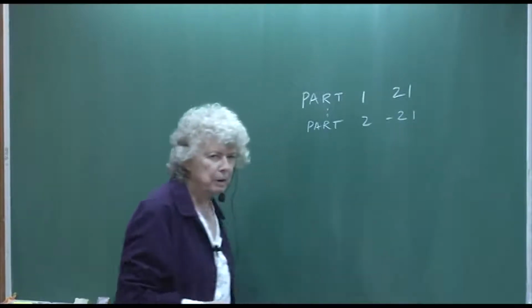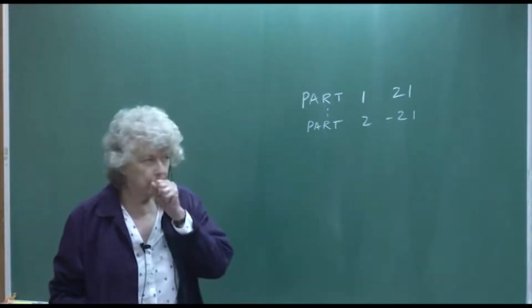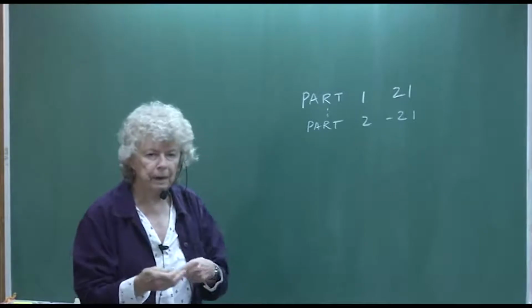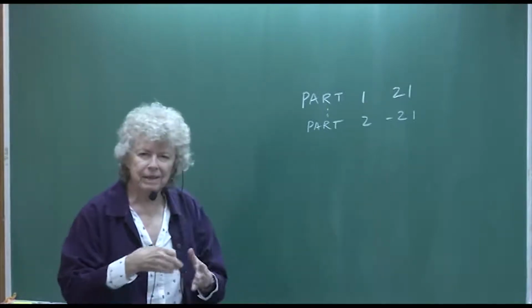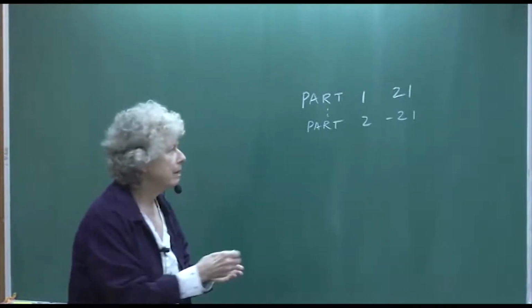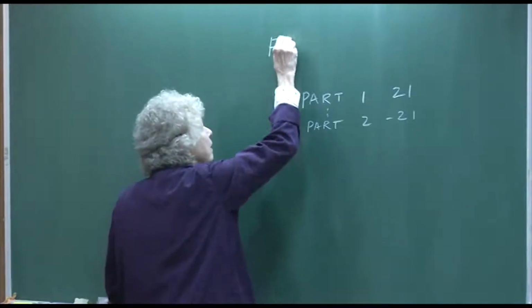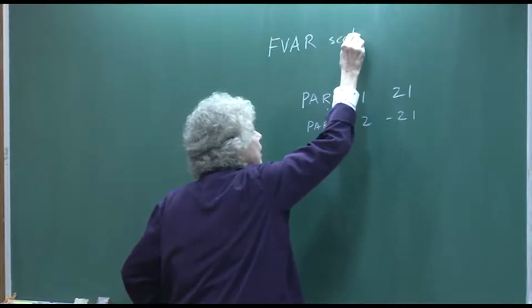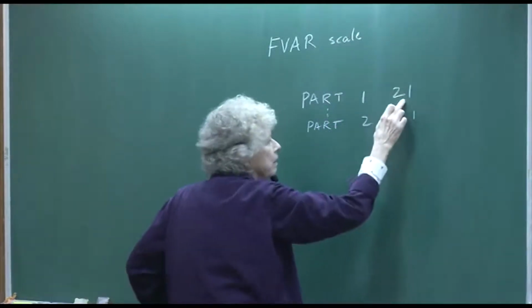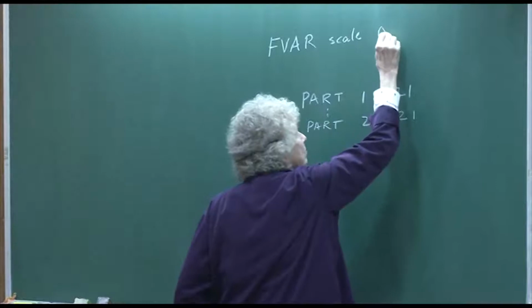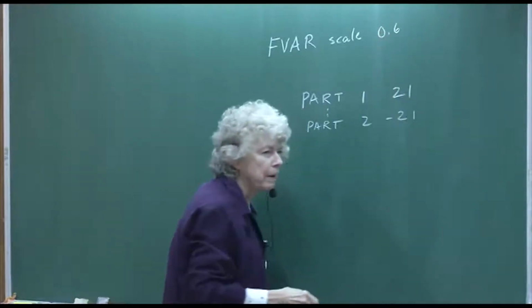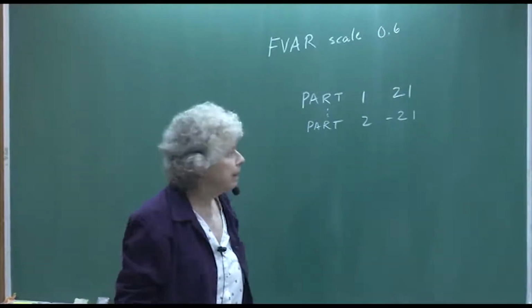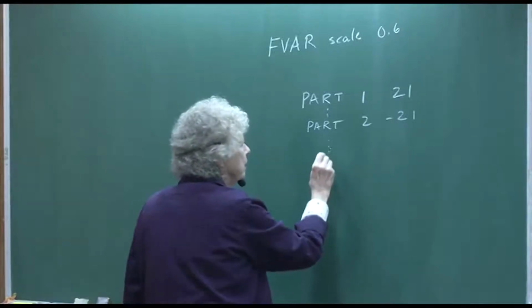So the sum of those two parts adds up to 1, and the 2 refers to the free variable that appears after scale in the FVAR line, right? And then this would be, say, a starting value for this part. It could be anything you want. It's going to refine. It's a variable. It's a parameter.